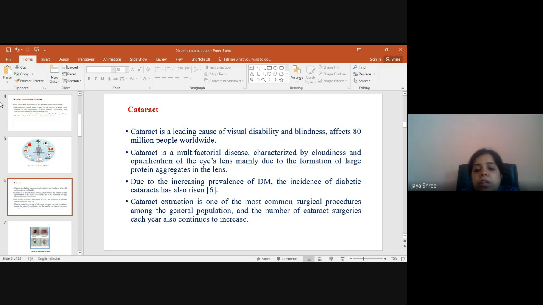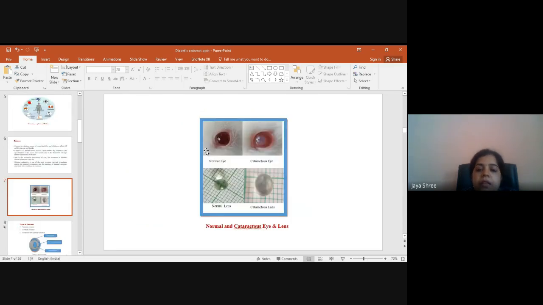The only available treatment for cataract till now is the surgical removal of the natural lens, replaced with a synthetic clear lens. Here is a diagram showing the normal lens and cataractous lens, and the normal eye and the cataractous eye. I took this image during my PhD tenure.